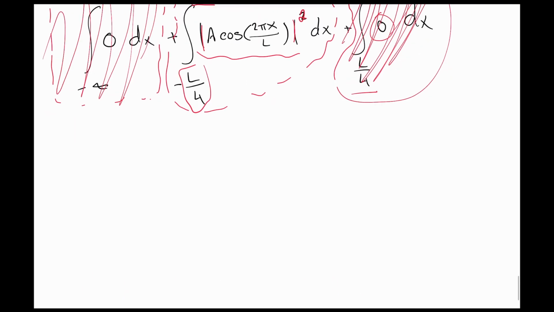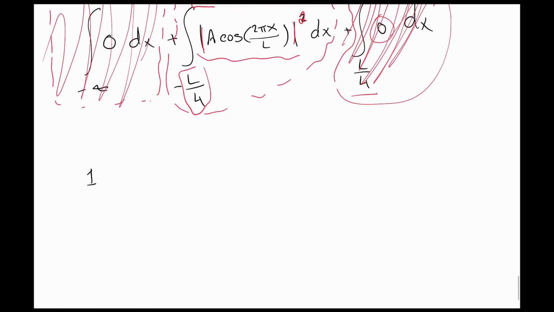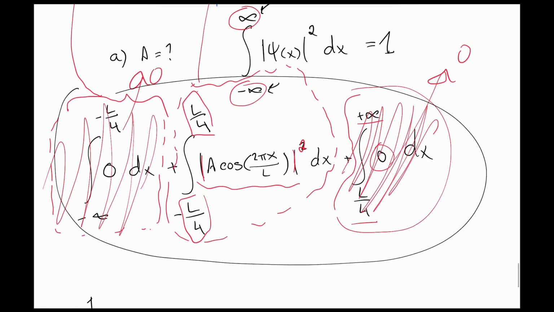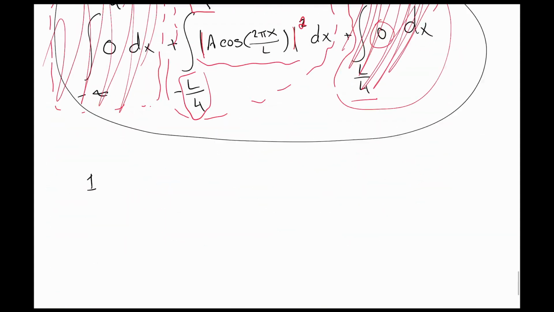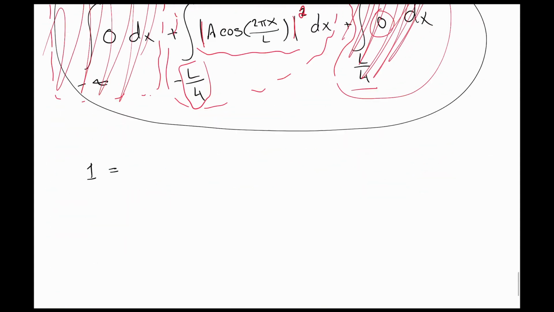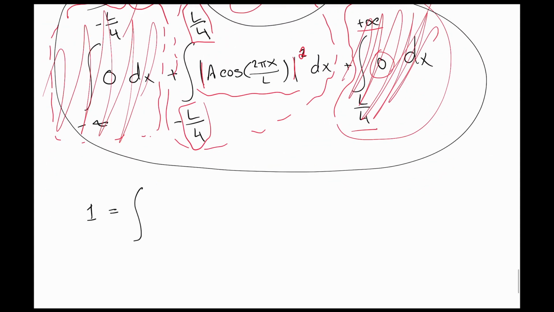Make sense? Okay, so I'm going to rewrite the entire normalization condition. Remember that this entire integral used to be this entire integral, and all of that equals 1. So I could start off with 1 over here equals the integral that's left over, which is from these bounds, negative L over 4 to L over 4.